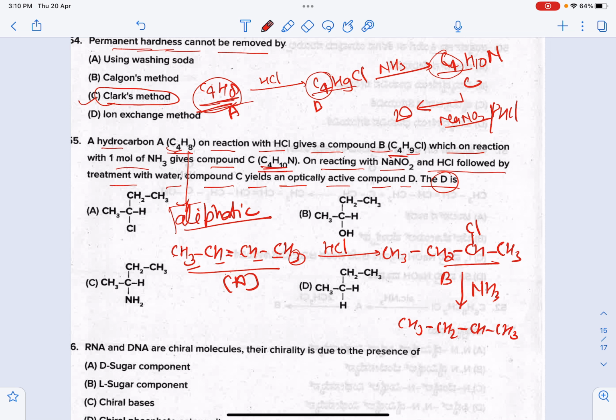Here simply NH2 will be added, and when you treat this compound with NaNO2 and HCl, it will form the compound that is an alcohol. This NH2 will be removed, and the product will be CH3, CH2, CH, here will be OH, and here will be the CH3. Okay, now our correct option will be option B.